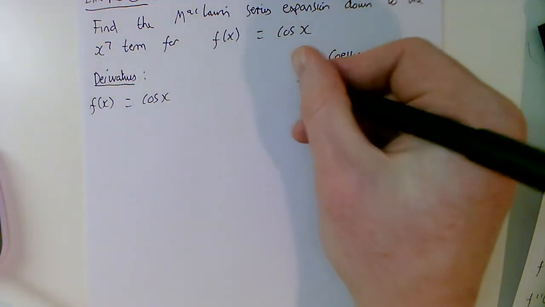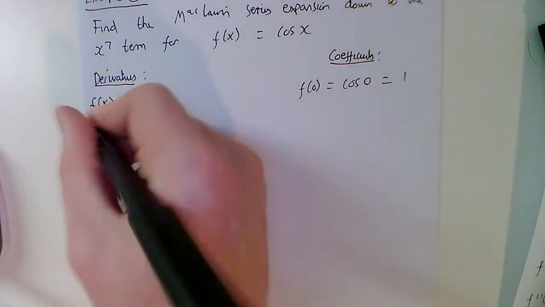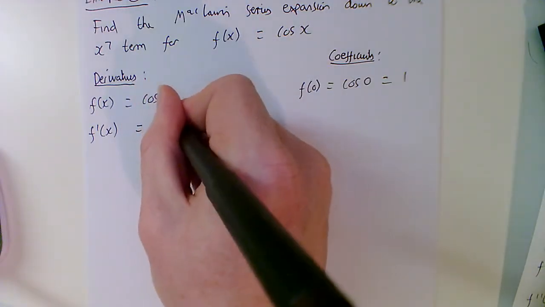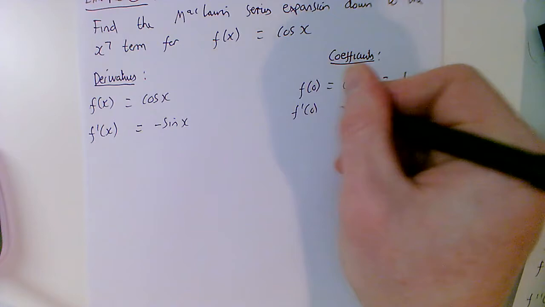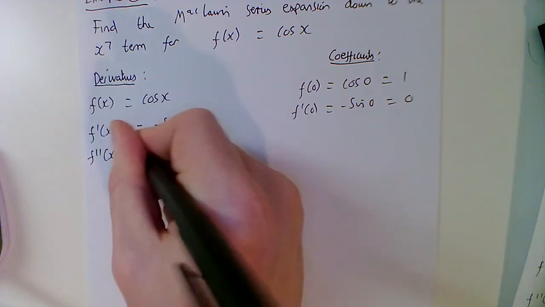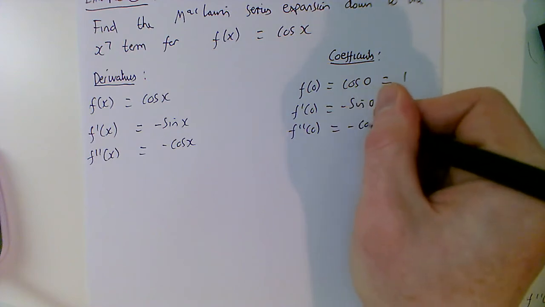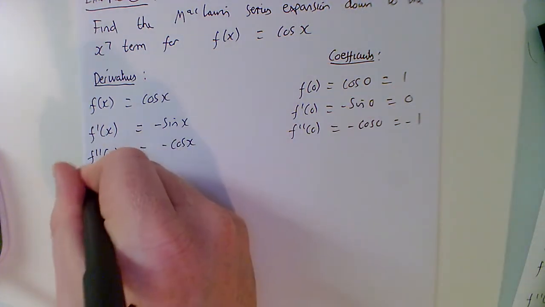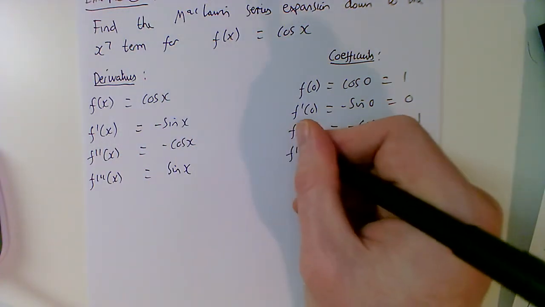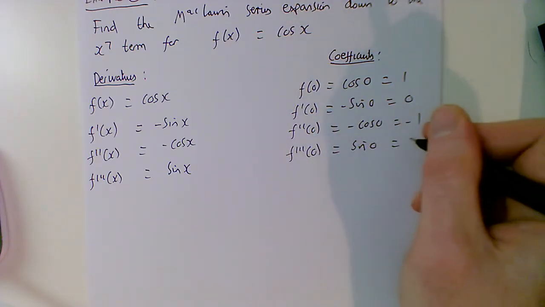And then we put in 0, which is cos of 0, which is just 1. f dash of x, which is negative sine x, which is negative sine 0, which is 0. f double dash of x is negative cos x, so f double dash of 0 is negative cos 0, which is negative 1. f triple dash of x is sine x, so f triple dash of 0 is sine 0, which is 0.